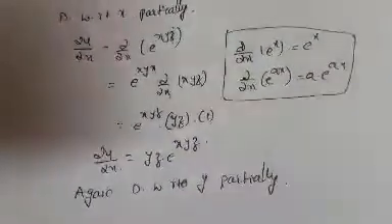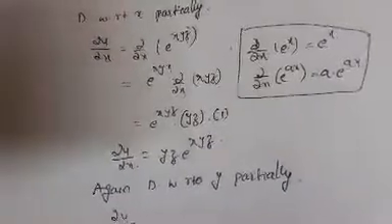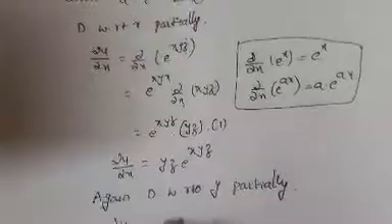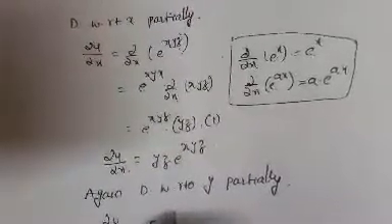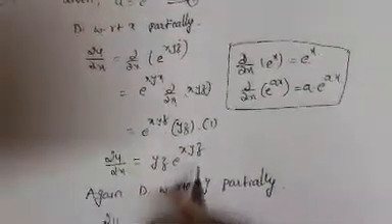So again differentiating with respect to y, that is ∂²u/∂x∂y, which equals ∂/∂y of ∂u/∂x, that means yz into e power xyz.